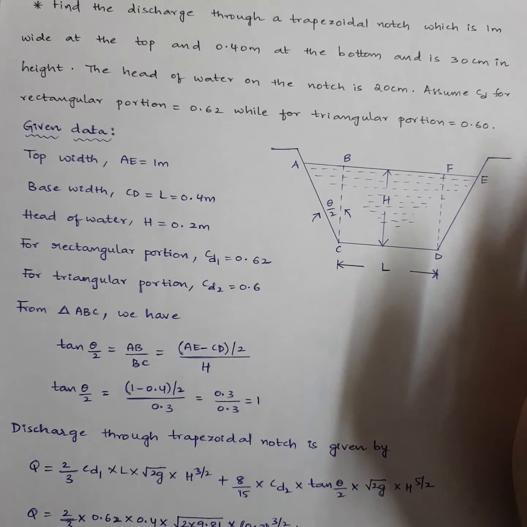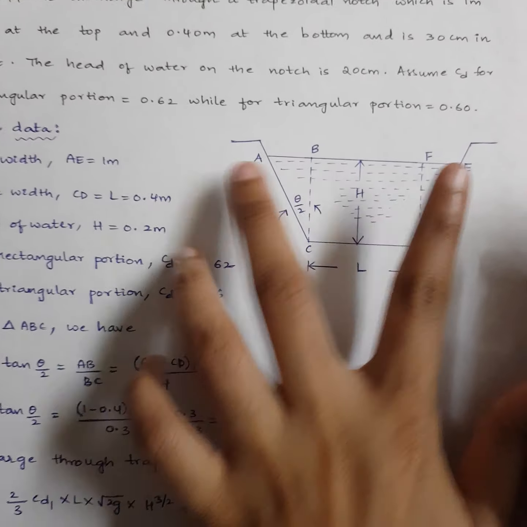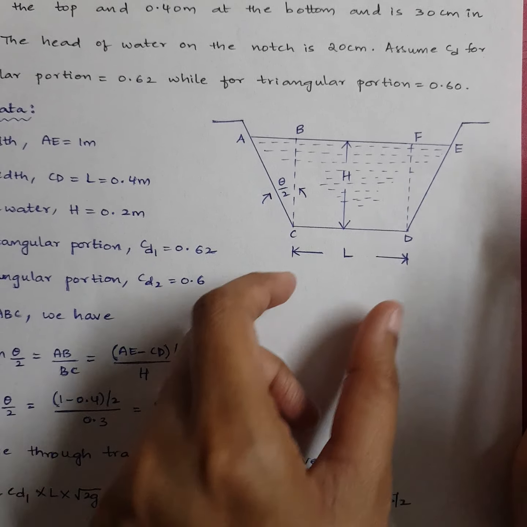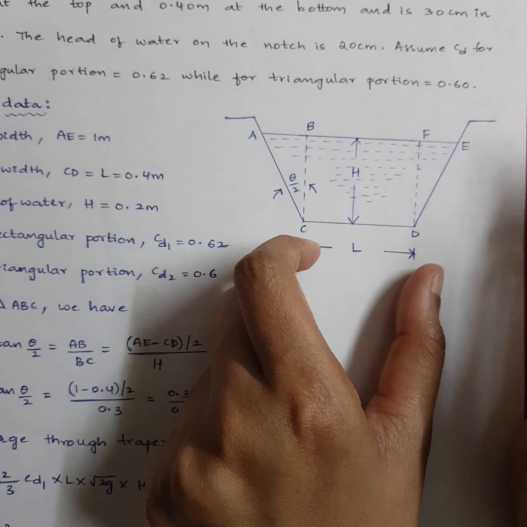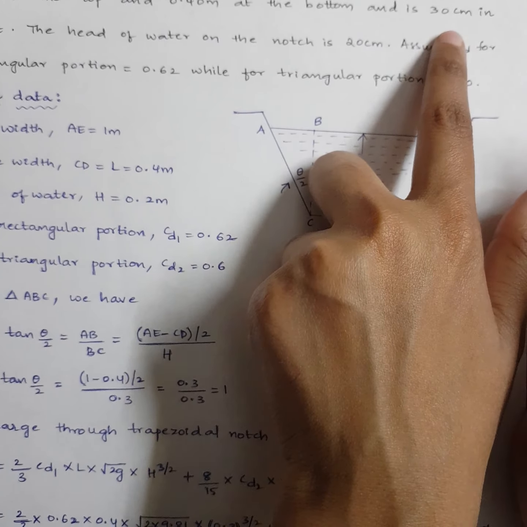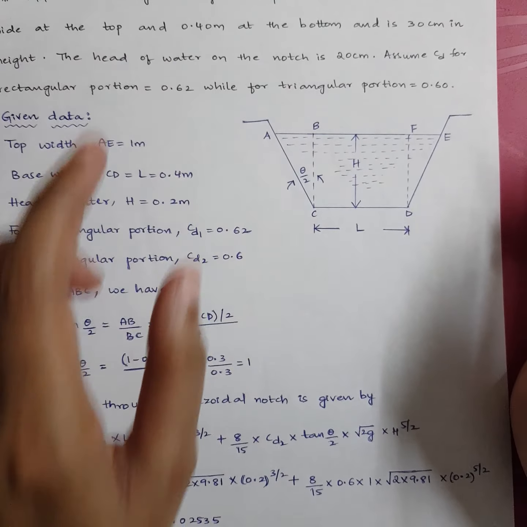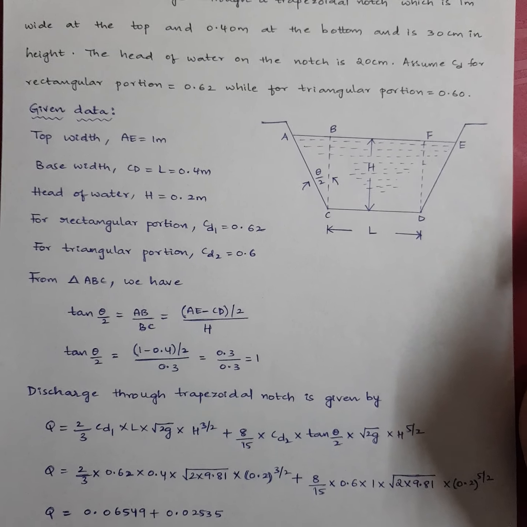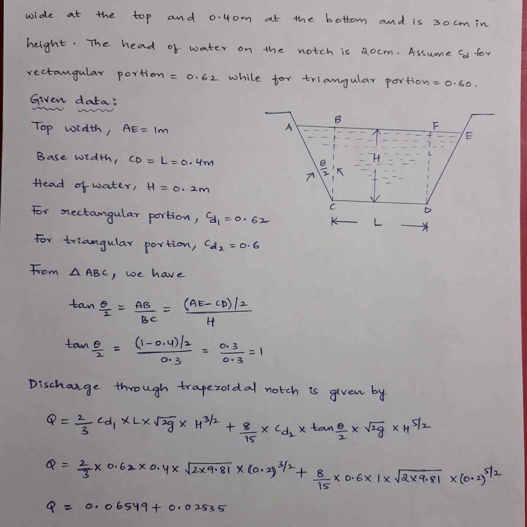So there is a trapezoidal notch given to us whose width on the top, meaning the complete top width, is 1 meter, and the bottom width is given as 0.40 meters, which is nothing but our length of the crest. It is 30 centimeters in height, meaning the complete height of the notch is 30 centimeters. It is not h, so people generally get confused here.